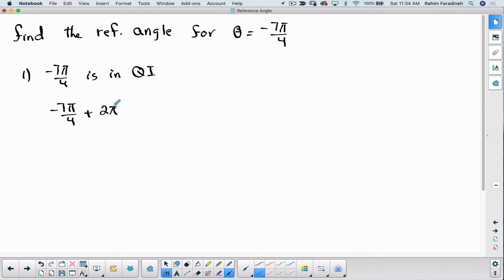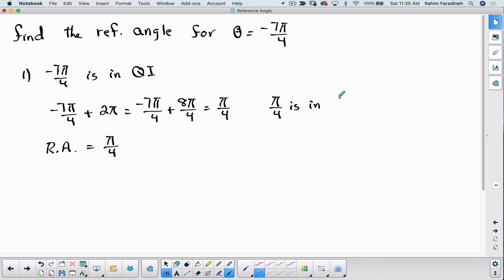In the previous example, I added 360 degrees because the angle was in terms of degrees. Now this angle is in terms of radians, so I'm just going to add 2 pi. Now instead of 2 pi, I'm going to write 8 pi over 4. So this becomes pi over 4. So the reference angle is pi over 4. Notice that pi over 4 is in quadrant 1 as well.